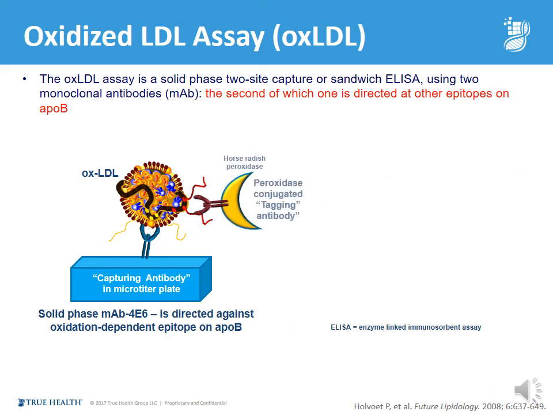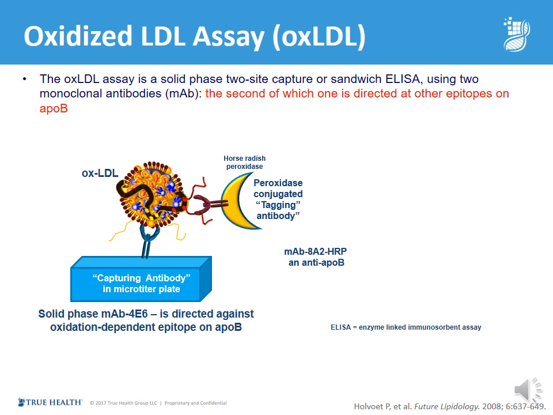And here comes that tagging antibody. It's called a tagging antibody because it is bound to something else. It's conjugated with horseradish peroxidase. So this tagging antibody is carrying a peroxidase. And you can see the name of this tagging antibody. It's A82. HRP stands for horseradish peroxidase.